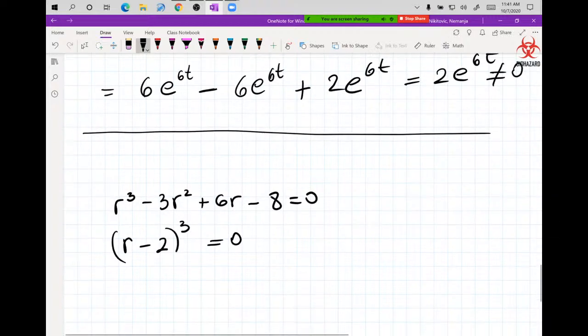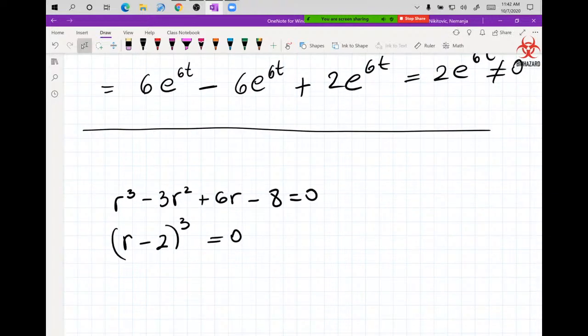There we go. 2 cubed is 8, and then plus minus, and the coefficients are 1, 3, 3, 1. Okay, good. So a differential equation to start this problem would look like this.